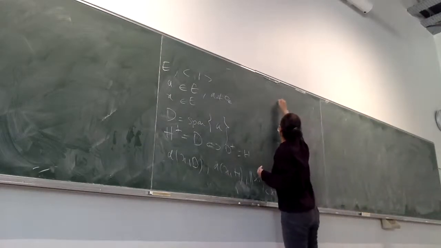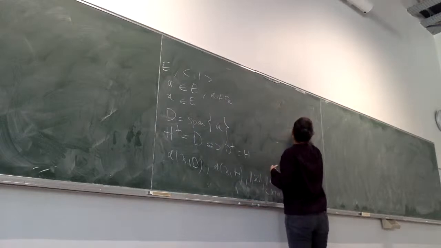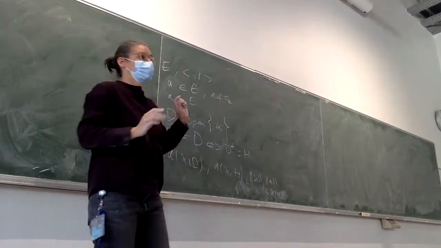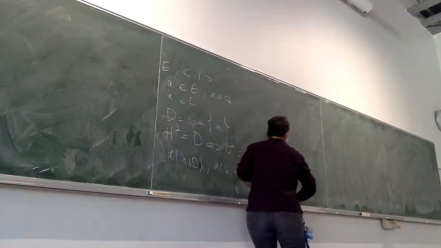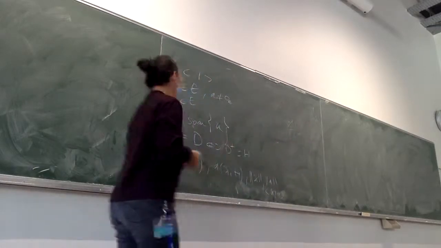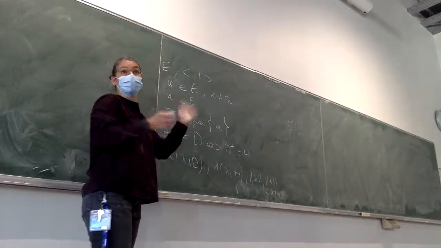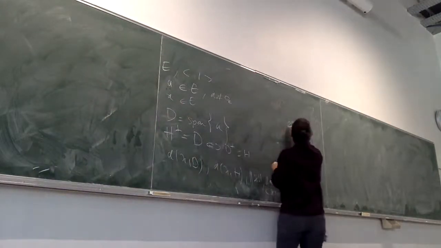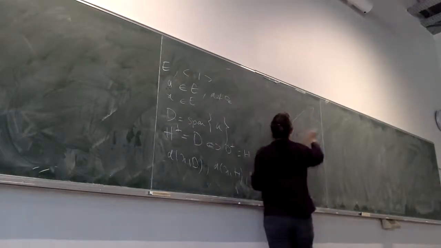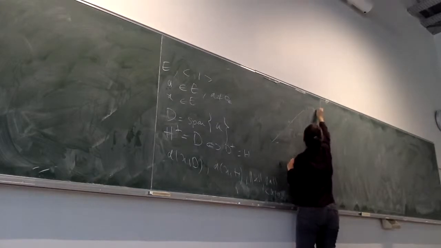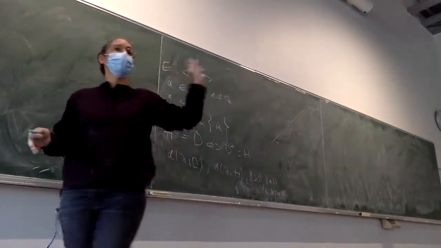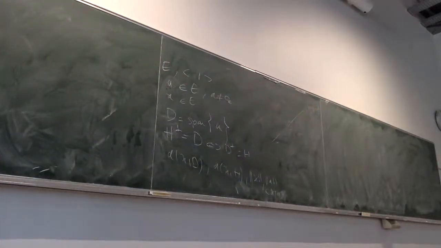To picture that in R3, you are given a vector in R3. It means you are just given a direction. Let's say this is my vector A. And when we say D is the span of A, it's just going to be the vector line, the line of direction A. It's a vector line because it has to go through the origin in order to be a well-defined linear space.